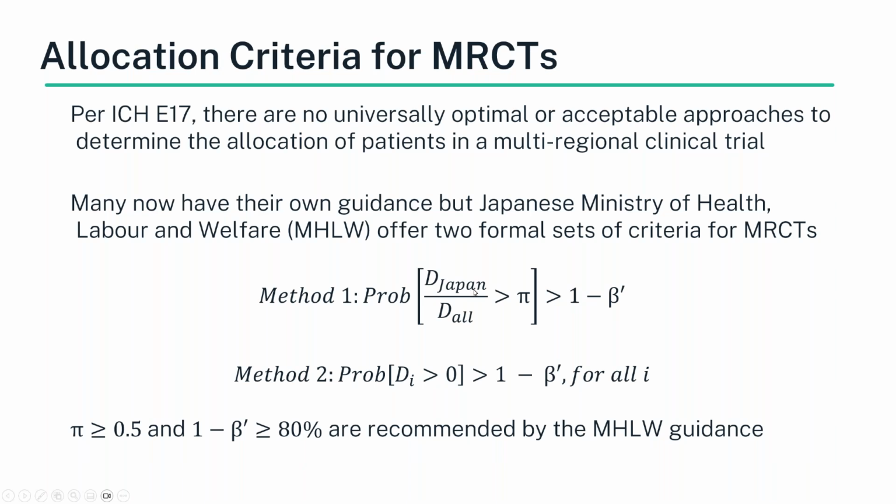And so what method 1 is saying is that the proportion of the treatment effect in the Japanese population relative to the overall treatment effect needs to be greater than this value pi with a probability of 80% or higher. And so in the guidance, pi is set at a minimum of 0.5.